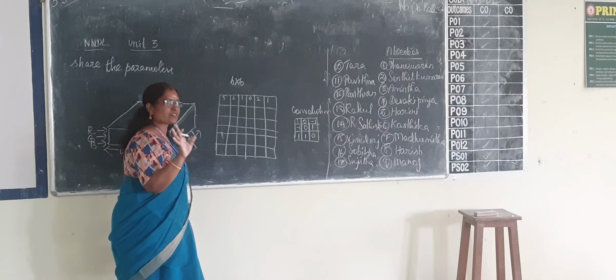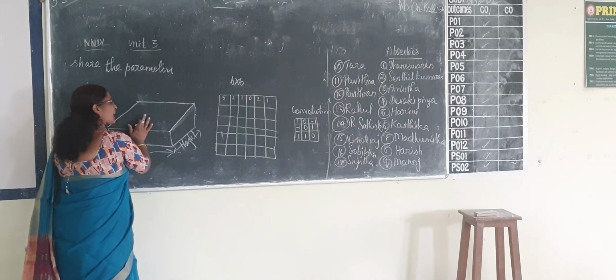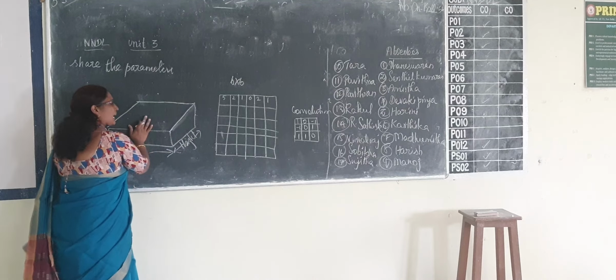Please try to understand. This is the actual image. We are going to extract a portion of this image, a patch of this image, and that patch will also be in the shape of a cuboid. So even if you extract, the image shape will not change.